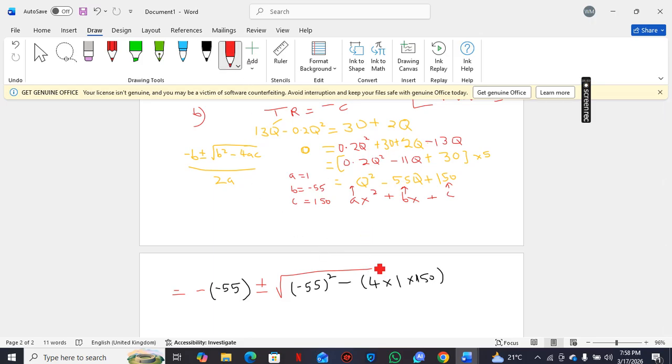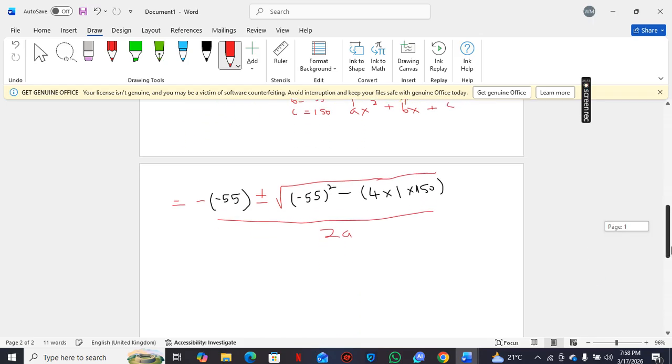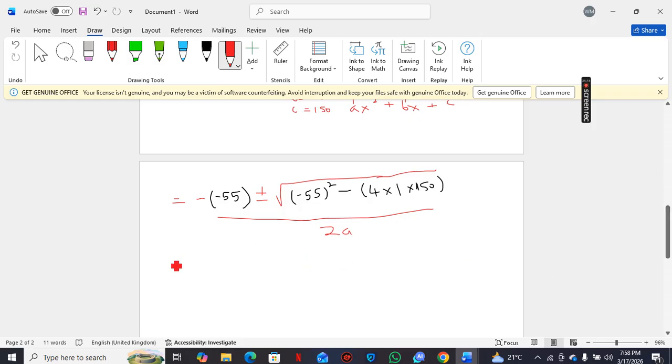Over 2. Let's start our simplification. Negative and negative make positive, so outside we have a positive 55, plus or minus.